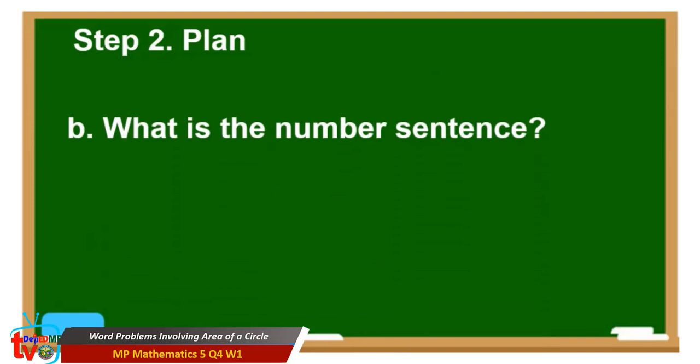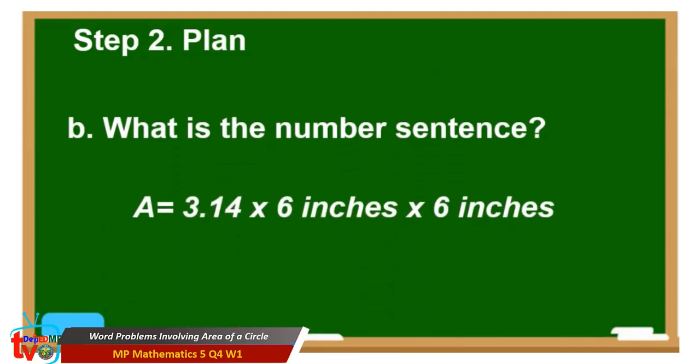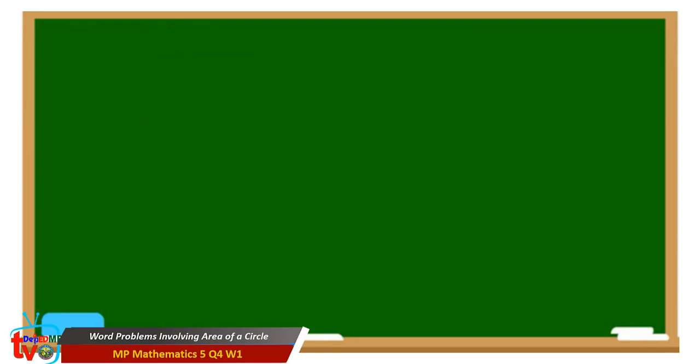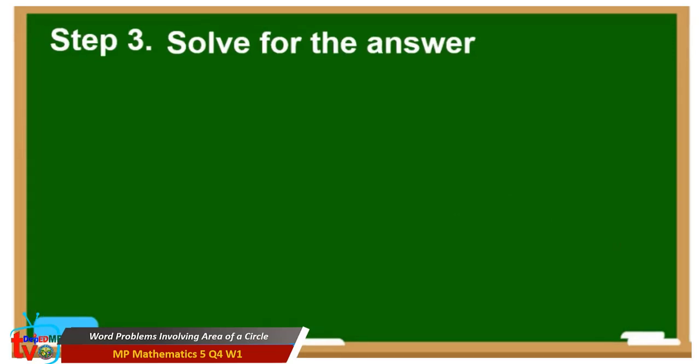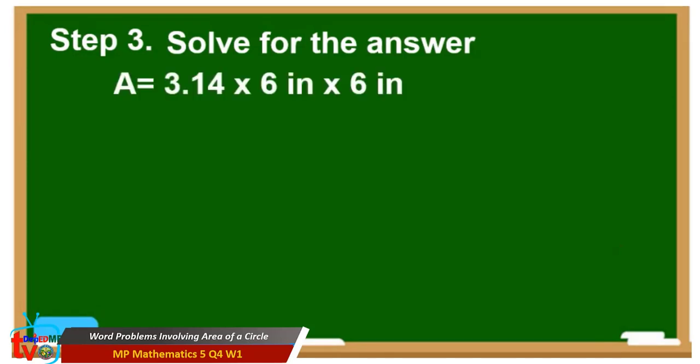What is the number sentence? The number sentence is area equals 3.14 times 6 inches times 6 inches. Let us now solve for the answer. In solving for the answer, we are going to use the number sentence, which is area equals 3.14 times 6 inches times 6 inches.